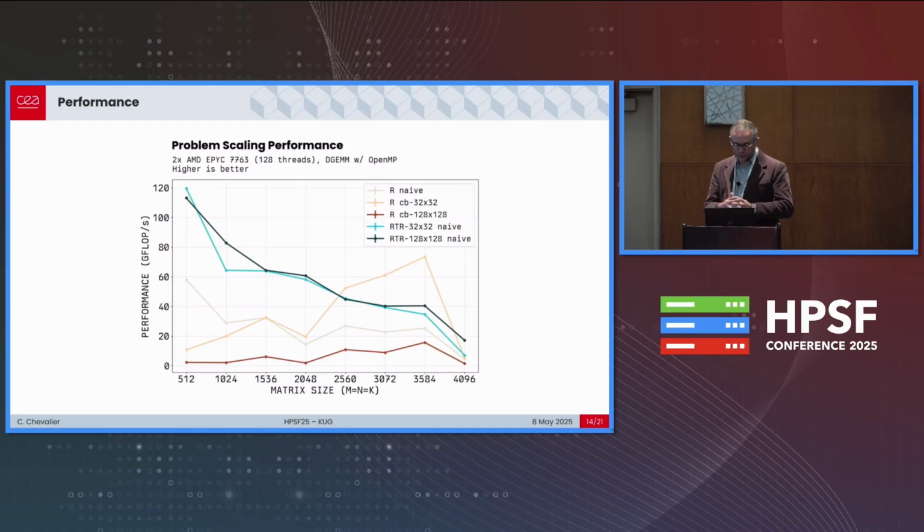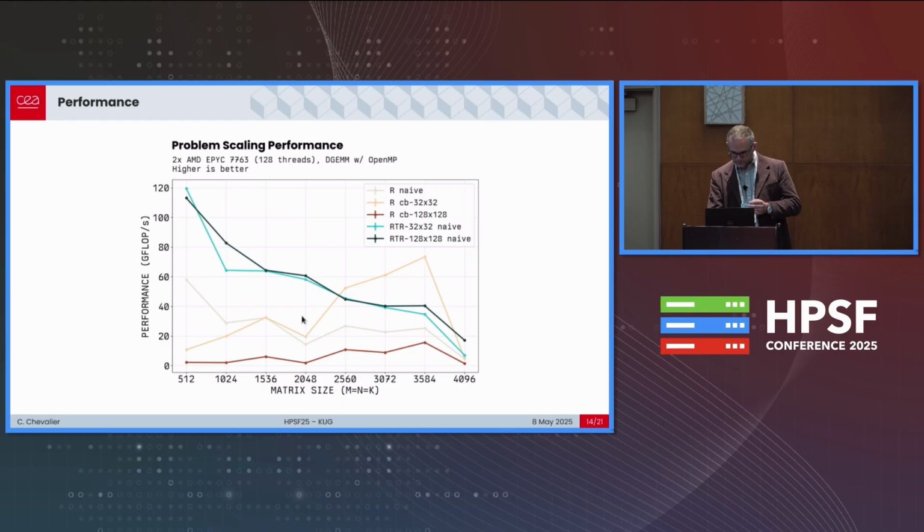The lower curves here, it's not very readable, but is the naive approach. The performance at the beginning is decent, but when you increase the size of the matrix, it begins to drop because you don't fit the cache.